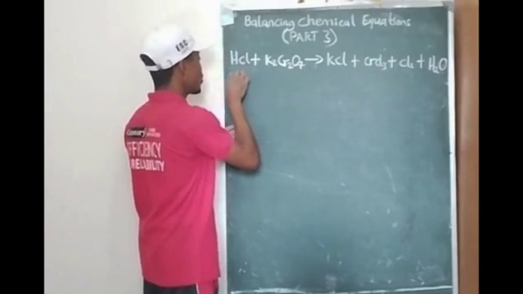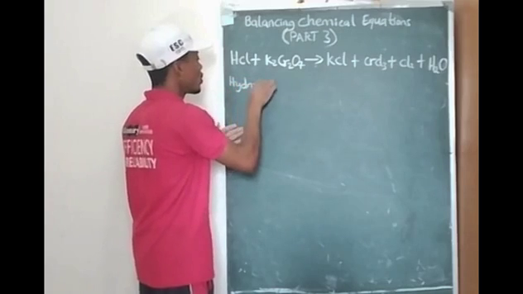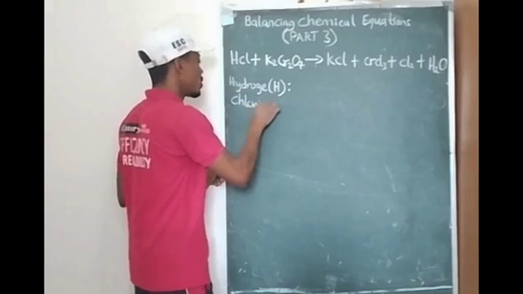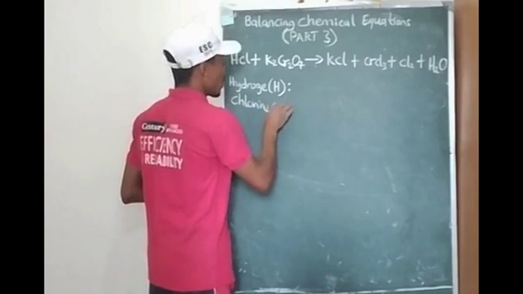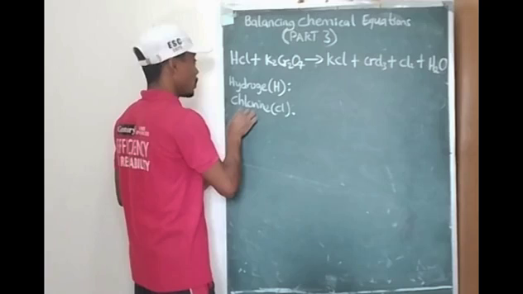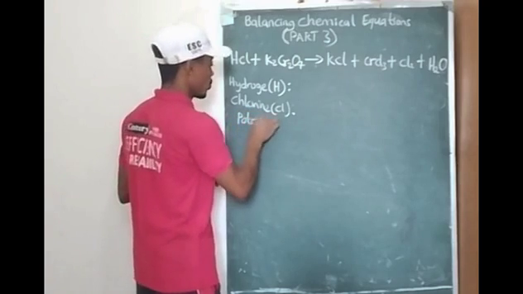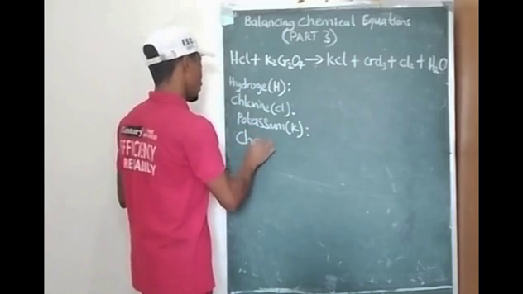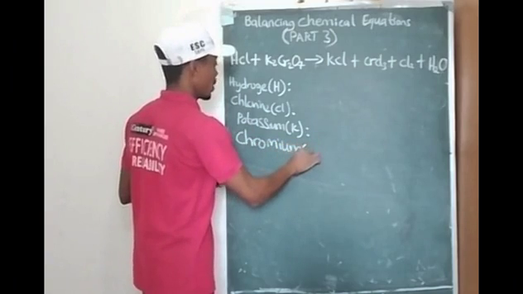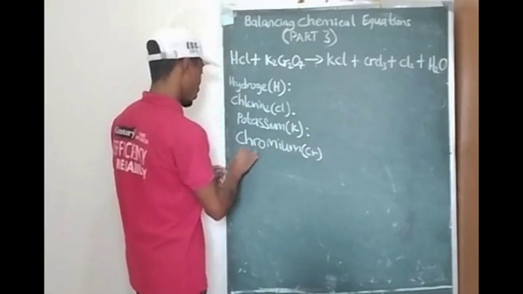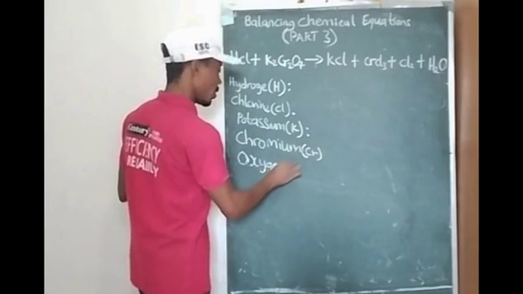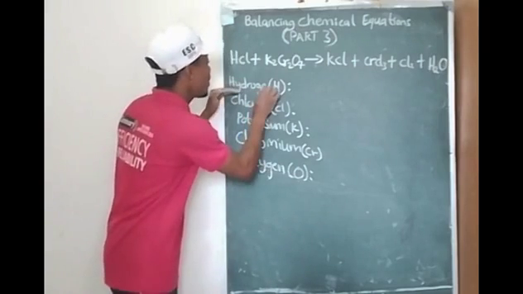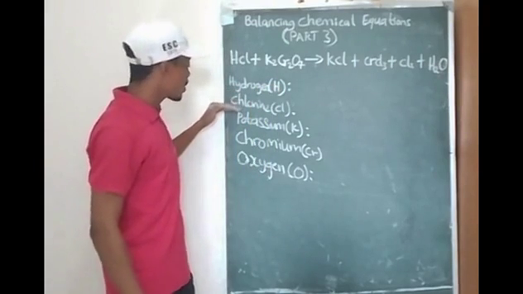For hydrogen, we will target H. Next we have chlorine, we will target Cl, and potassium, we will target K. Chromium, we will target Cr, and oxygen, we will target O. Yes, these are the 5 elements present in this chemical equation.